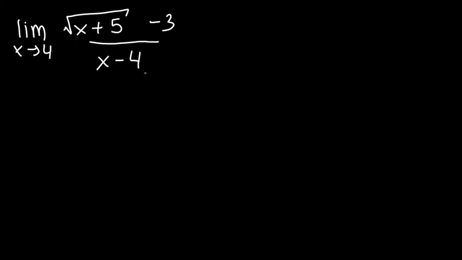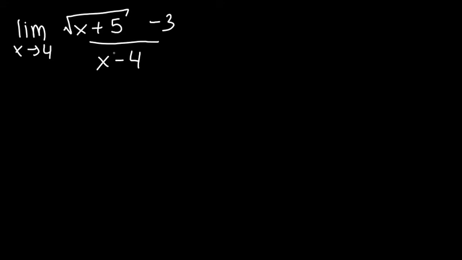If we were to try directly substituting, we would get 4 minus 4, which is equal to 0 in the denominator. And in the numerator, we would get 4 plus 5, which is equal to 9. The principal root of 9 is 3, and 3 minus 3 is equal to 0. So we would get 0 over 0. So we cannot do a direct substitution.